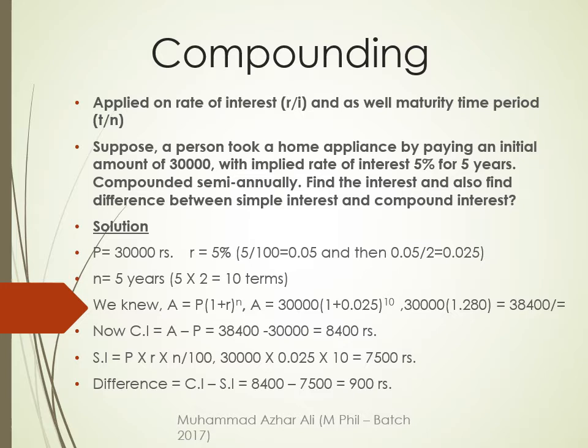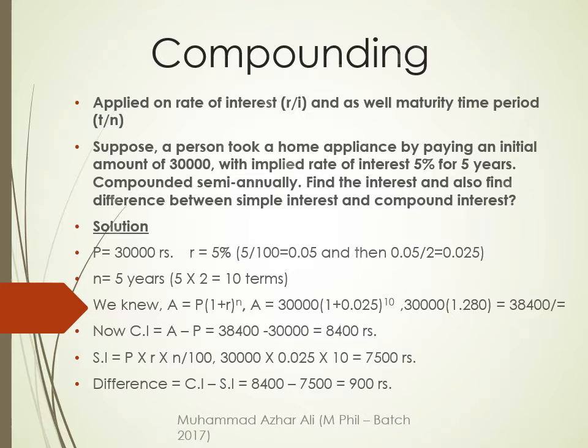Now we check the difference between compound interest and simple interest. So the difference will be 900 rupees between them. As you know, the compound interest is always greater than simple interest.